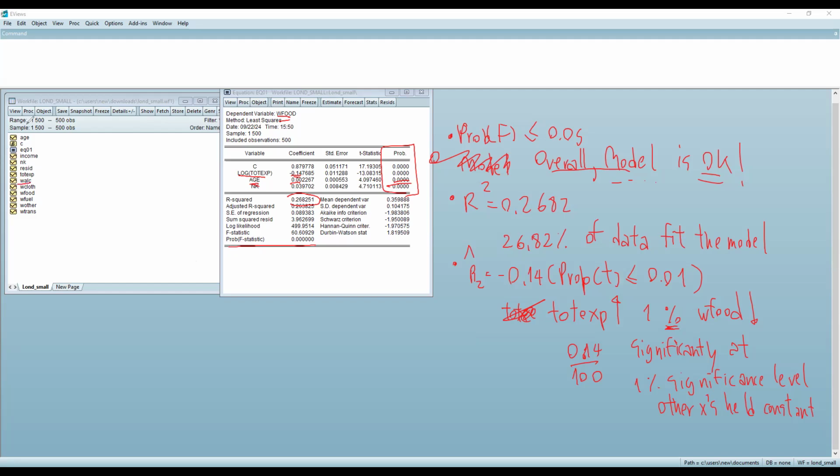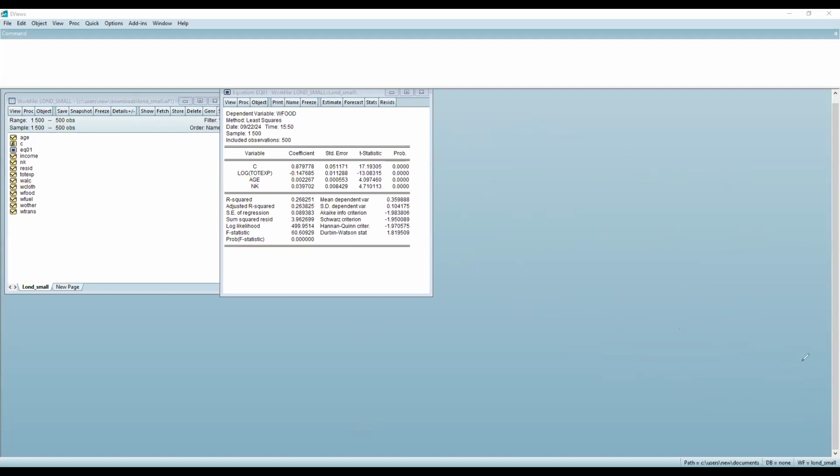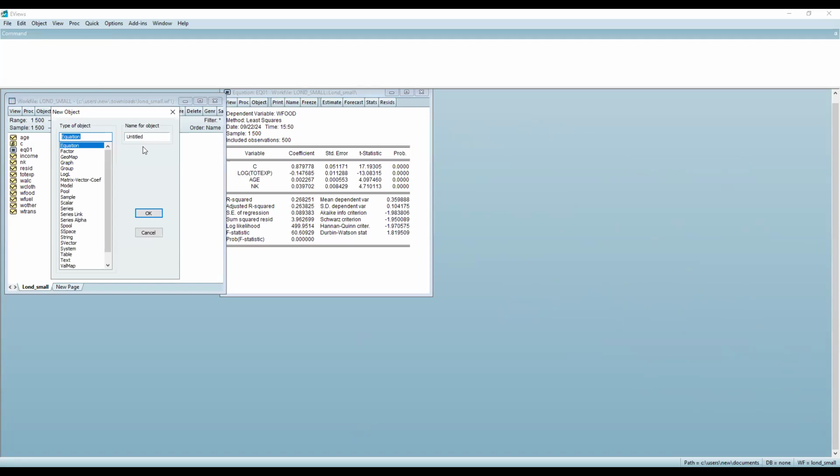So we will redo the equation again. Go to object, new object, equation number 2 equal 0.